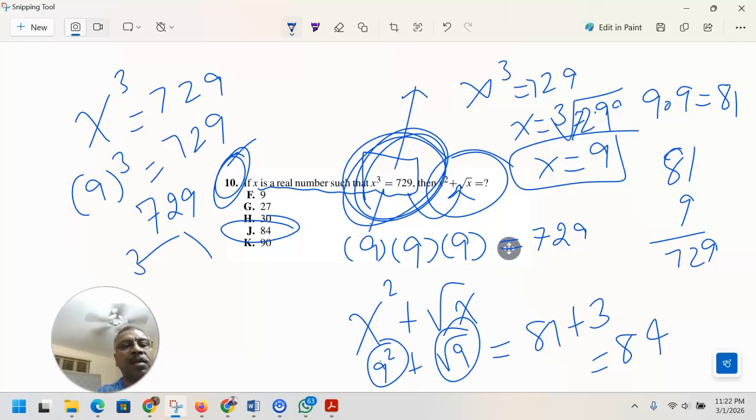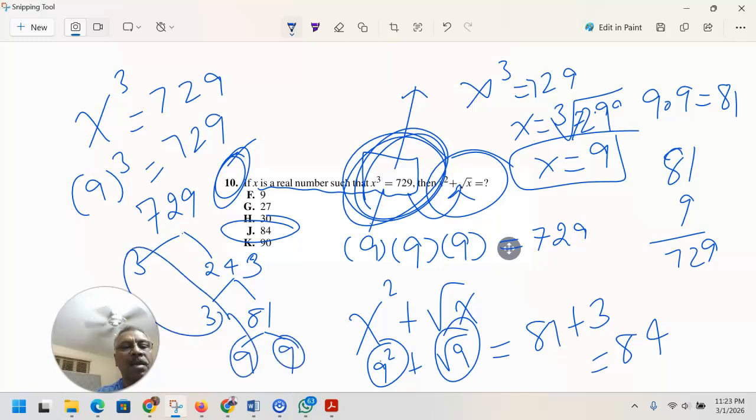You can see 3 divides 729, 3 4s are 12, see like this, 243. See? And again 3 goes 81, and then like this. So it is like 9 times 9. So you get 9, 9, and 9, like that. So you can always work it out and get it.